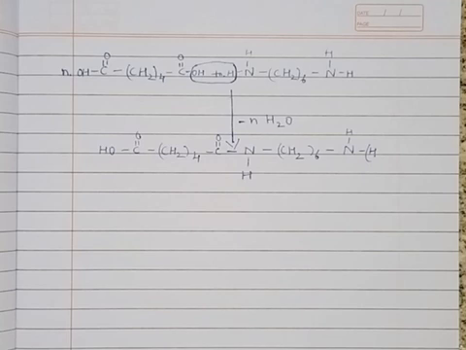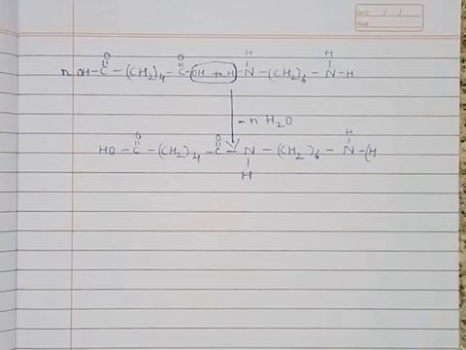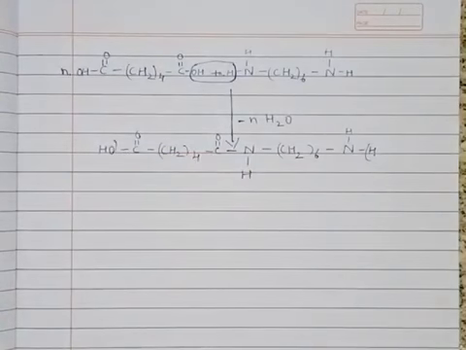There are N number of adipic acid and hexamethylene diamine, right? So this hydrogen will also contribute with OH to form H2O, and this OH also will go with another H to form H2O.